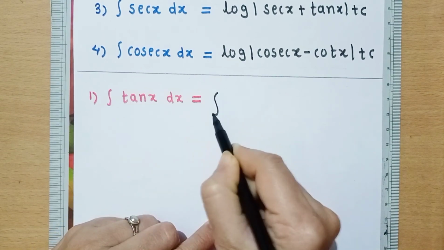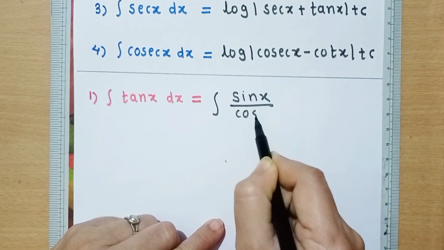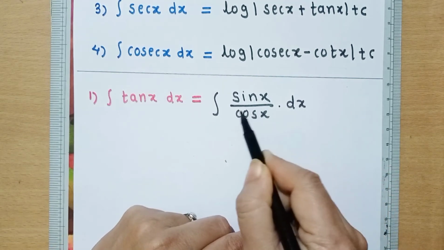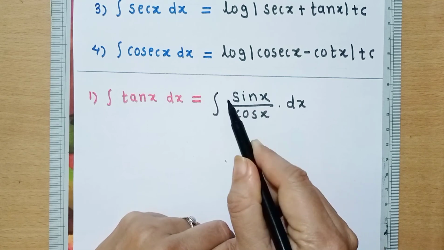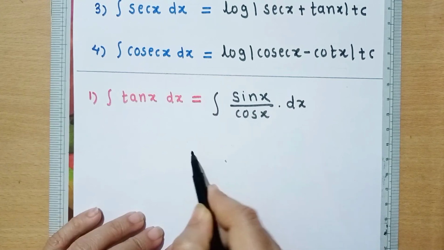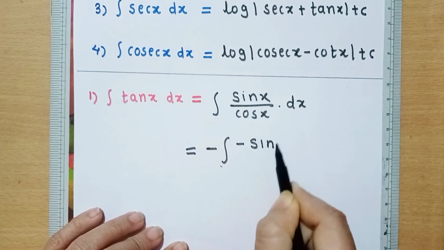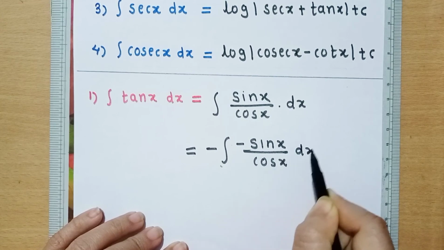Now tan x we can write as sine of x upon cos of x into dx. Now use the corollary. If we consider cos x as the function f of x, the derivative of cos x is minus sine x, so we will adjust this as minus of minus sine of x upon cos of x dx.